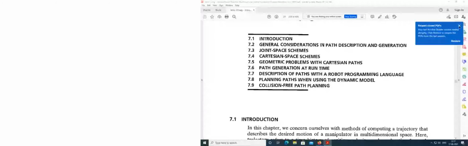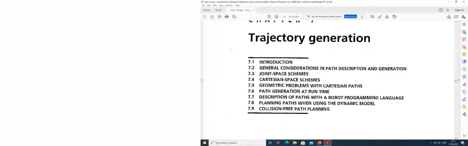Okay. So what we are going to do today is trajectory planning, or trajectory generation. Say I want to take an object from one position to another position.